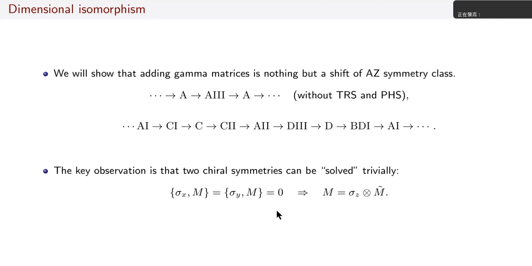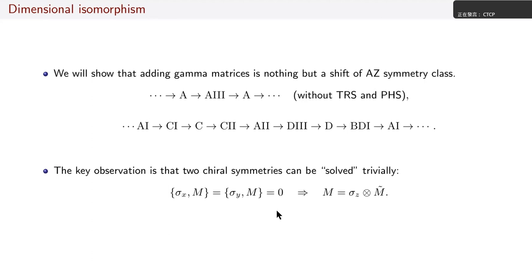The key observation is that two chiral symmetries can be solved trivially. Suppose we have two chiral symmetries for matrix M: sigma x is anti-commutative with M, and sigma y is also anti-commutative with M. Then in the space of Pauli matrices, the form of matrix M is fixed, I mean sigma z, to preserve this symmetry.